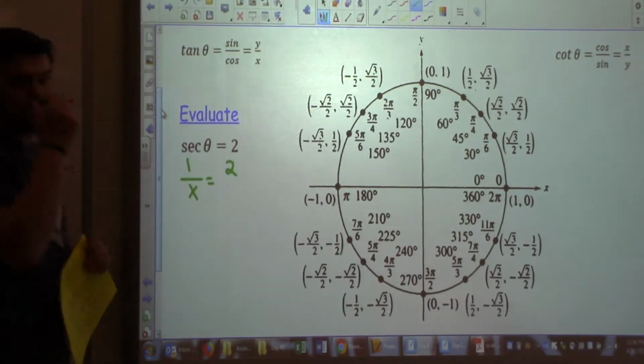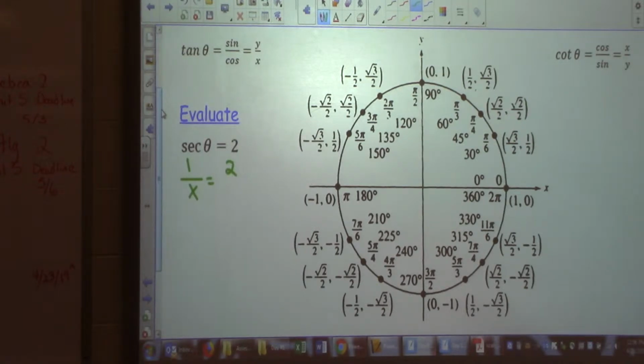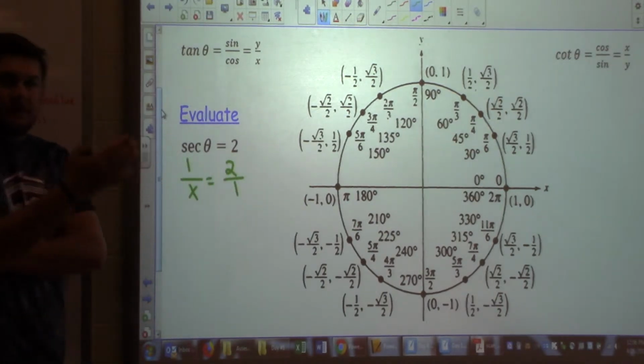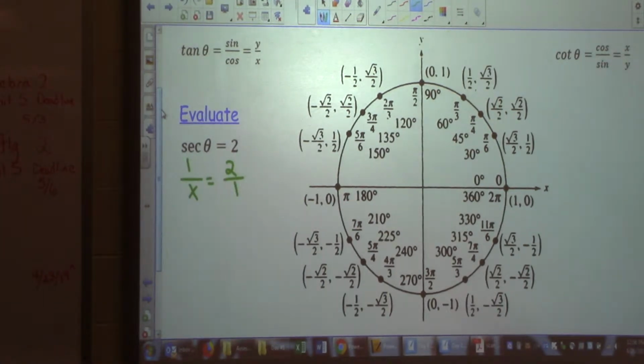So 1 over x equals 2. Is there a spot for us to look on our unit circle for 1 over x? No, so we should probably find x. I'm going to write 2 as 2 over 1. We all agree that 2 is the same as 2 over 1?